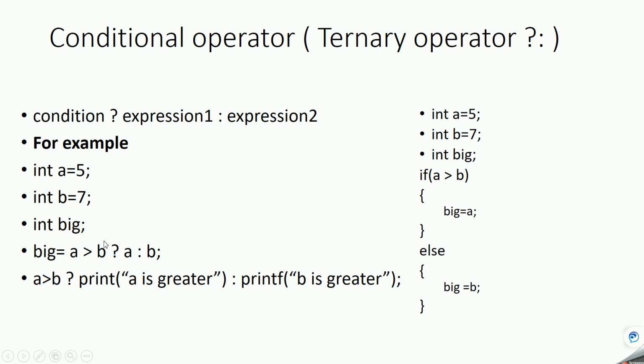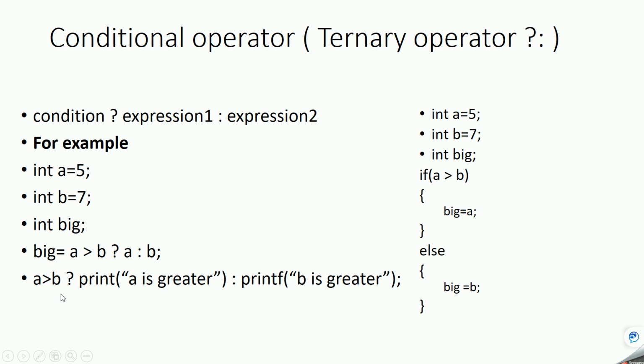What this means is that if this condition is true, the value of a will get assigned to big, or if this condition is false, then this colon indicates that the value of b will get assigned to big. In this case, a is greater than b, meaning 5 is greater than 7, is false. Since this condition is false, the value of b will be assigned to big, so big will be holding the value of 7.